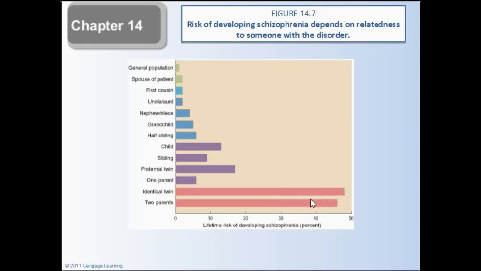Two parents, almost as much as having a twin with schizophrenia. And it goes down the further away that somebody in your family has schizophrenia, and then this is just the general population. So this shows you that there is some type of genetic component related to schizophrenia and the incidence of it.